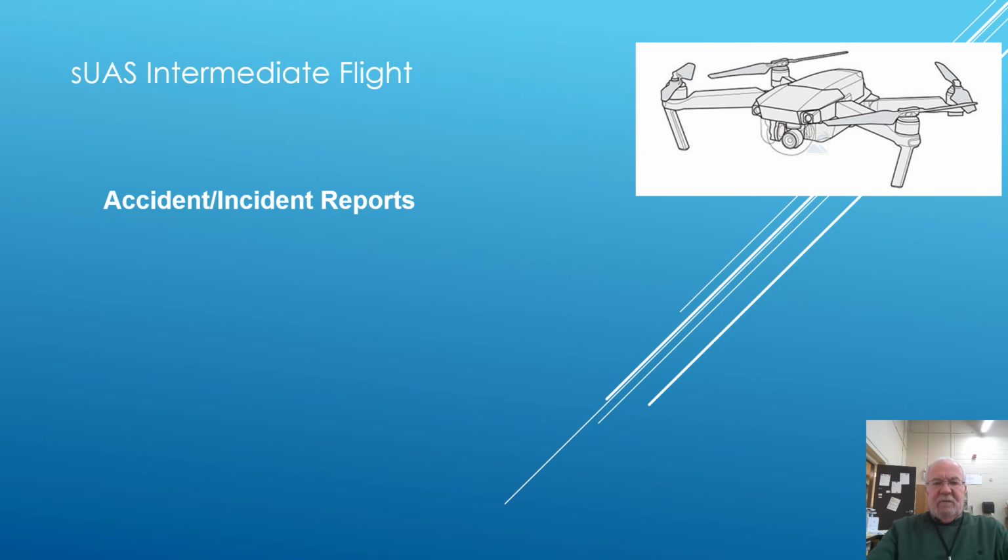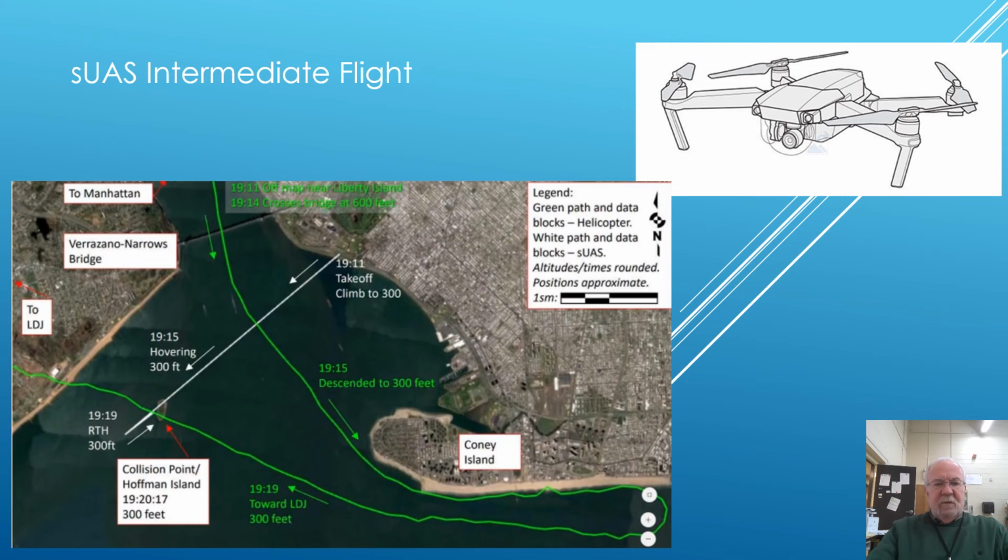Okay, so now we have an accident report. We just want to go over this. There's no video for it, but anyway, here's what was going on. This is Manhattan and the Verrazano Bridge. That's the Verrazano Bridge between Staten Island over here and New York City here.